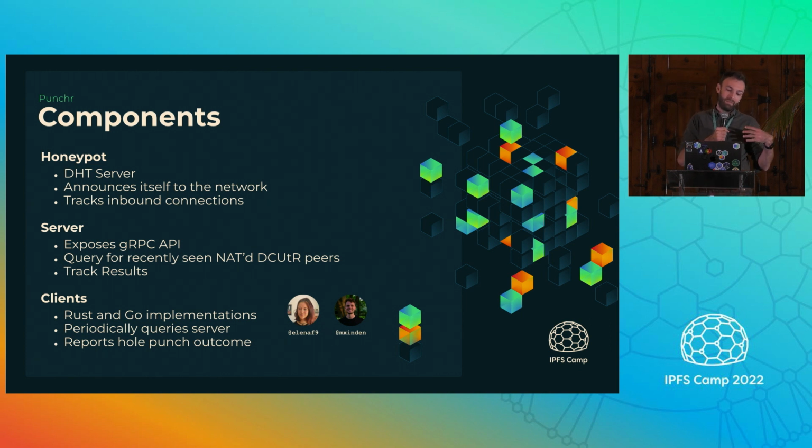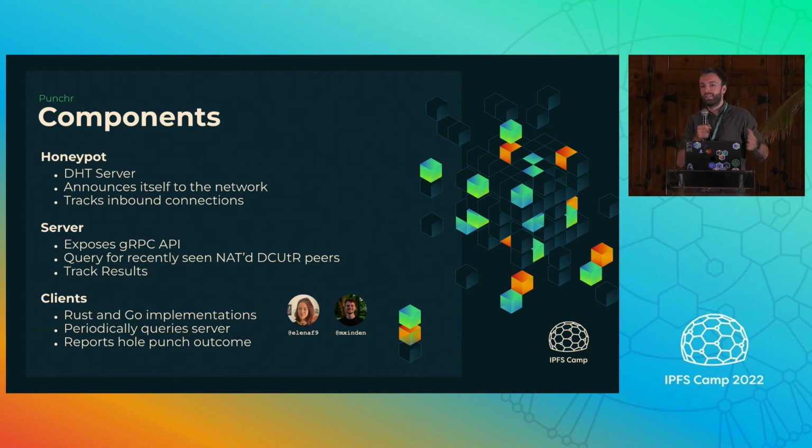They don't appear in the DHT, because only publicly reachable peers will end up in the DHT's routing tables and so on. So how do we detect them? We use a honeypot, which is basically just another strong DHT server peer. This honeypot announces itself to the network by crawling it continuously, and it just tracks the inbound connections.